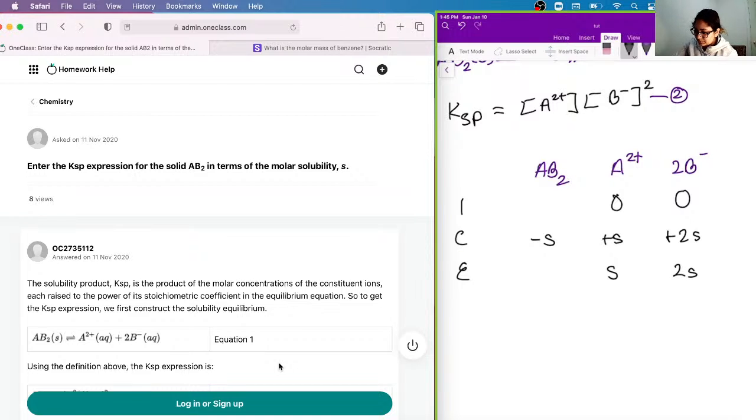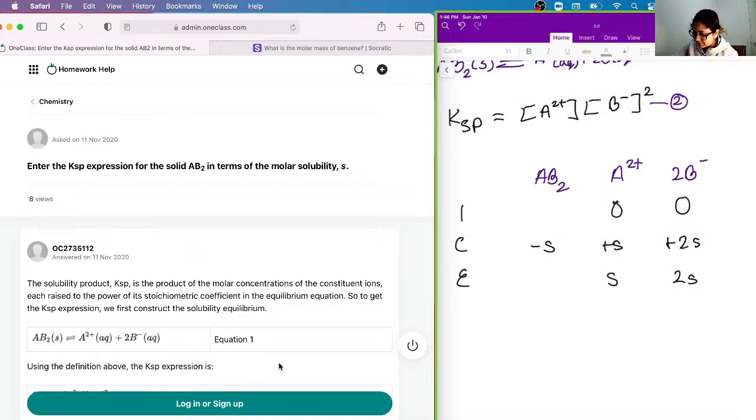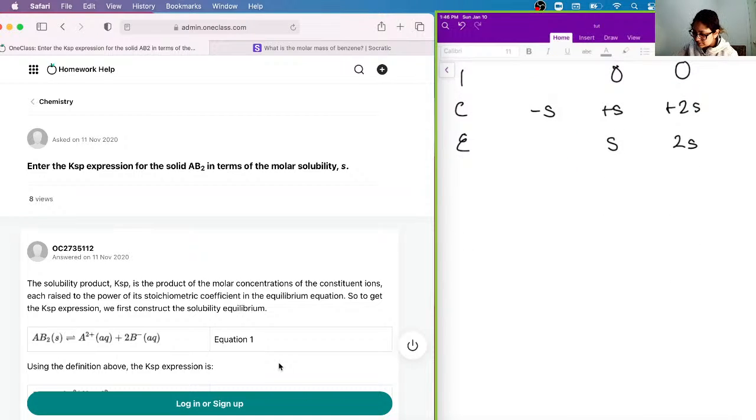Okay, so now we plug these equilibrium expressions into equation 2, right? Equation 2, if you guys remember, is our KSP equation. So we would substitute S and 2S into the equation. So you have your KSP is equal to the concentration of A times the concentration of B squared.